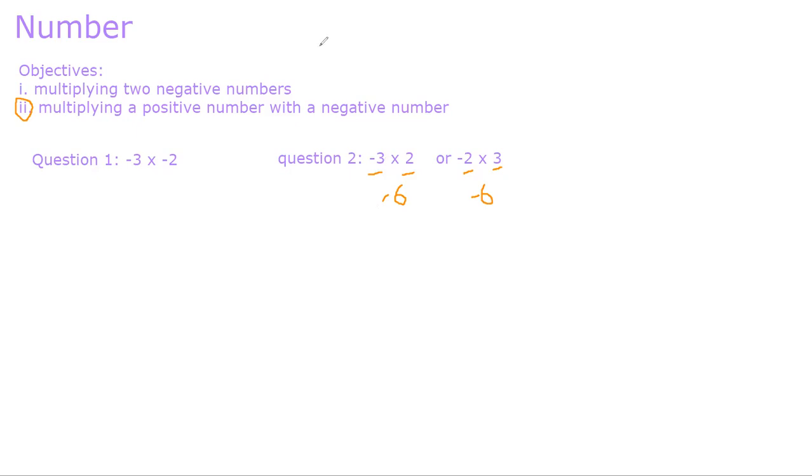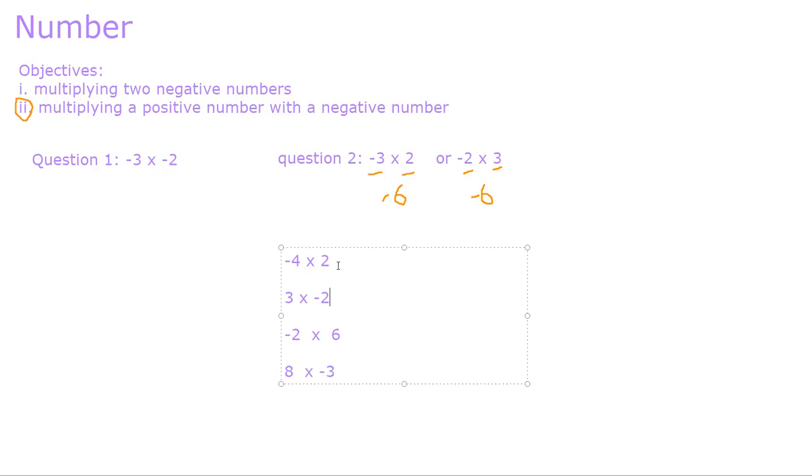So in any question, if there is a single negative sign, minus 4 multiplied by 2 or 3 multiplied by minus 2 or minus 2 multiplied by 6, 8 multiplied by minus 3.